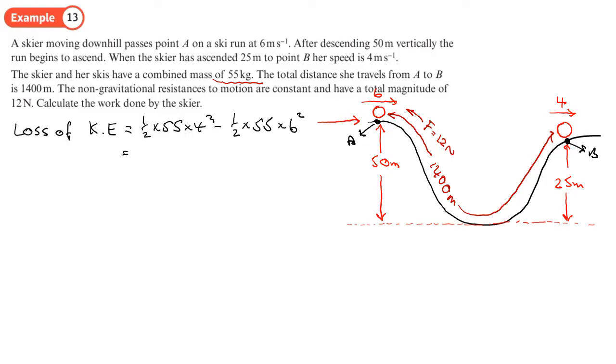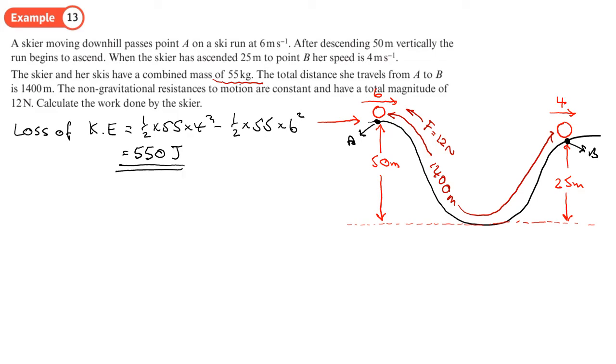So I'm just working it out now, 0.5... Yeah, so I get minus 550. So I'll write it as 550 joules is the loss in kinetic energy because they've slowed down.